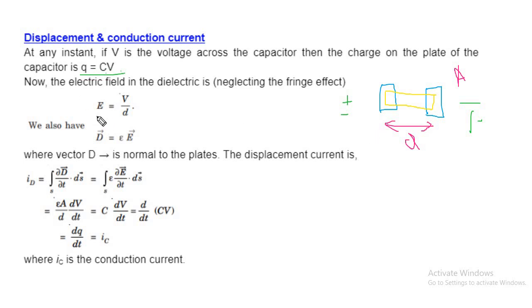Now you know electric field is equal to V by d, and also you know this particular relation we have already mentioned. So what is ID? Displacement current is the displacement field changing with time. Actually, when you are integrating over dS, this basically gives you the cross-sectional area, the total cross-section. So one can simply write A over there, and it's continuously integrated.